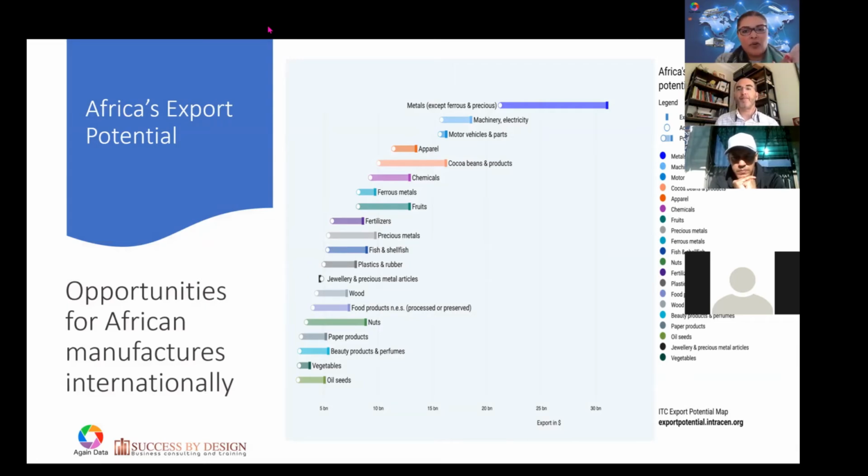However, if you look at the bottom, there is about $5 to $7 billion of potential market space that we could be taking up.